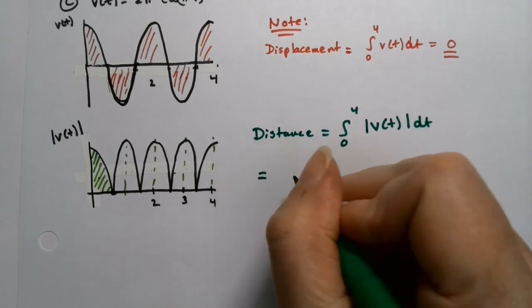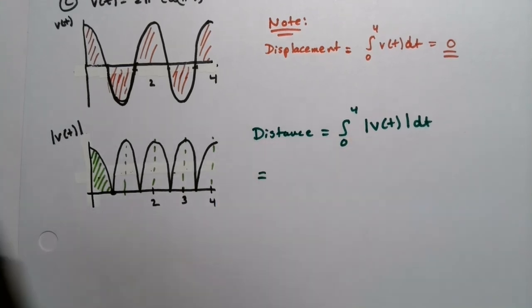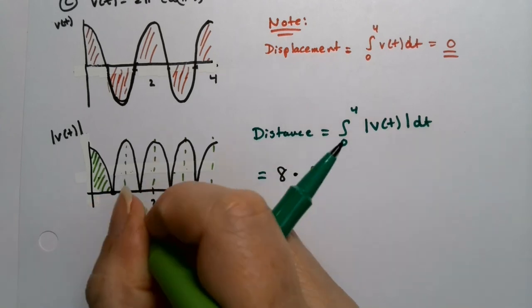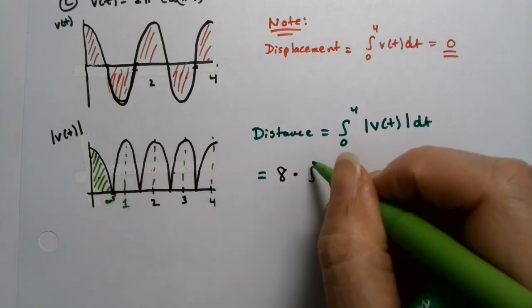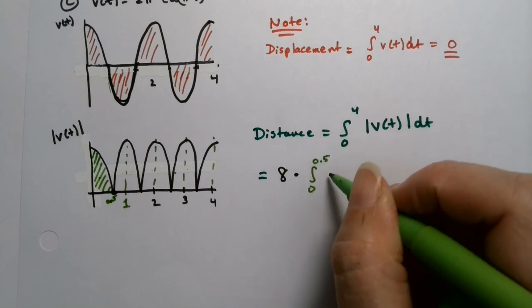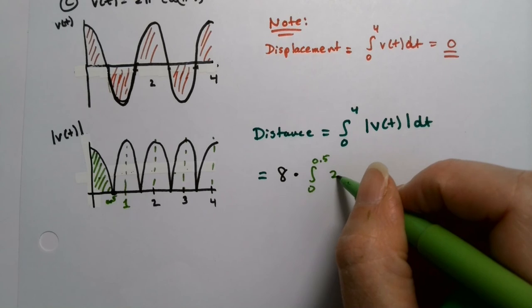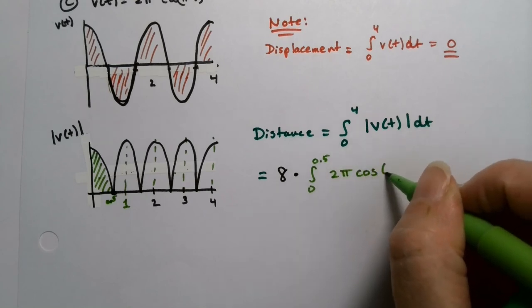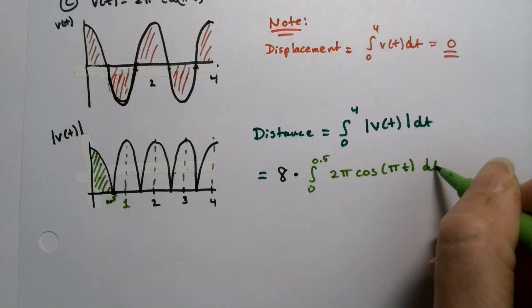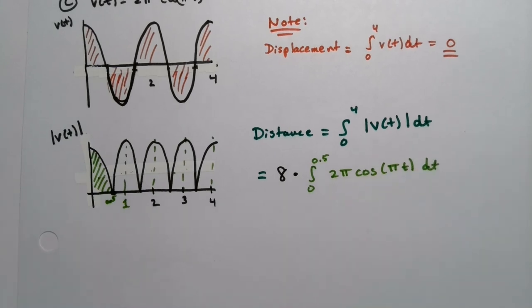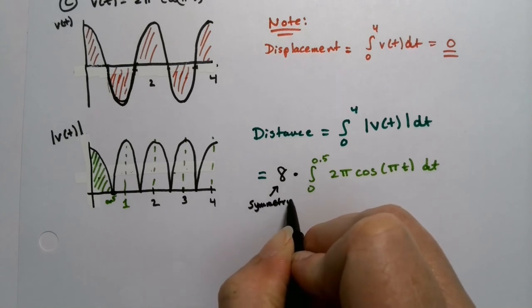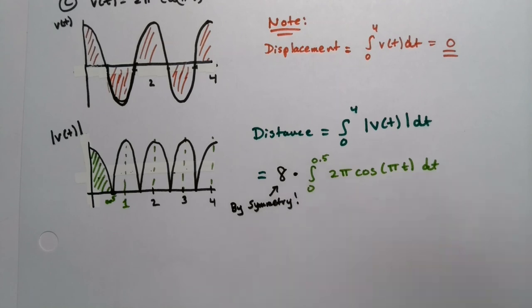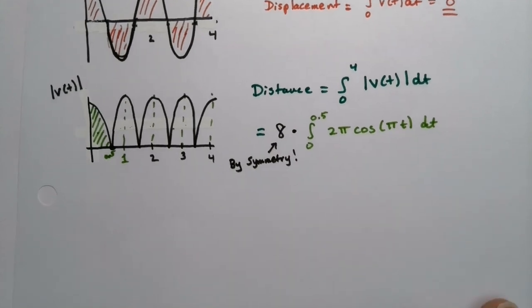So I'm going to make it 8 times the integral from 0 to 0.5, since this is 1 right here, so that has to be 0.5, of the velocity function, which was 2 pi cosine of pi t dt. Right, I'm doing this based on symmetry. Way easier to do it that way than to try to do this all by hand.